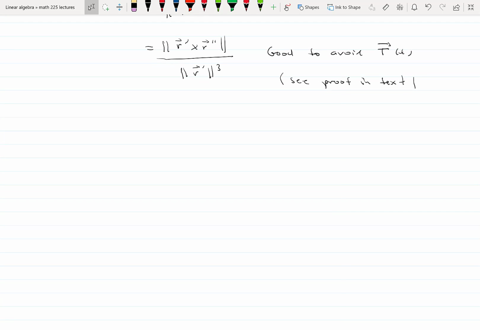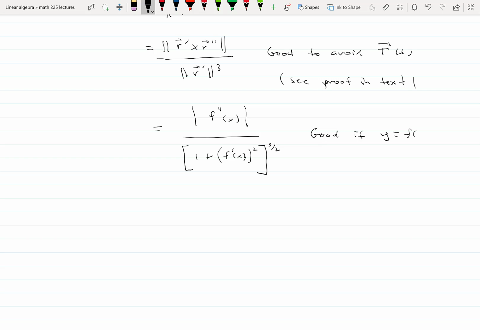Okay. There's one more formula, and it looks like the absolute value of f double prime over 1 plus f prime squared, all to the 3/2 power. And this is good if your curve is given as y as a function of x.